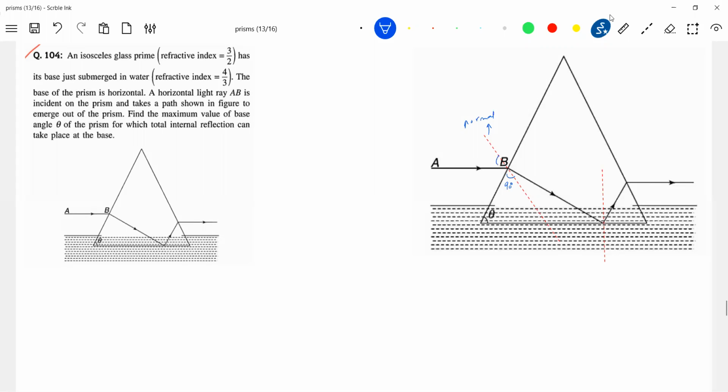This is the angle of incidence. Let it be I. And this will be theta, no? From this, I plus theta equal to 90. So I is equal to pi by 2 minus theta.